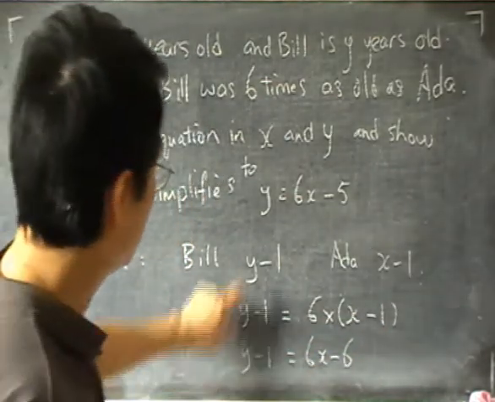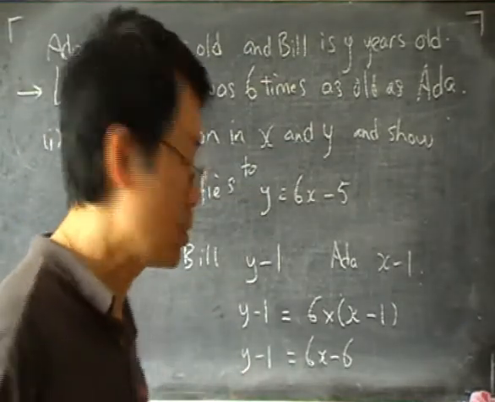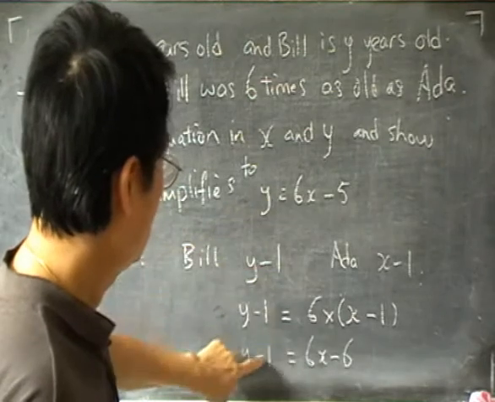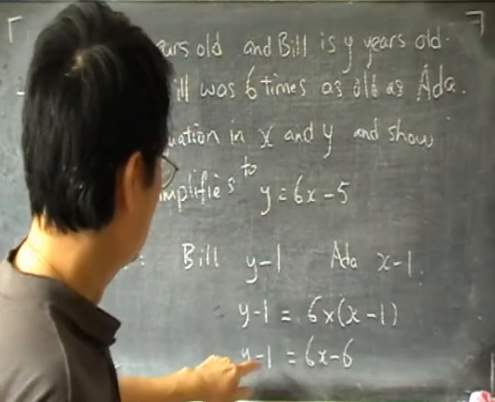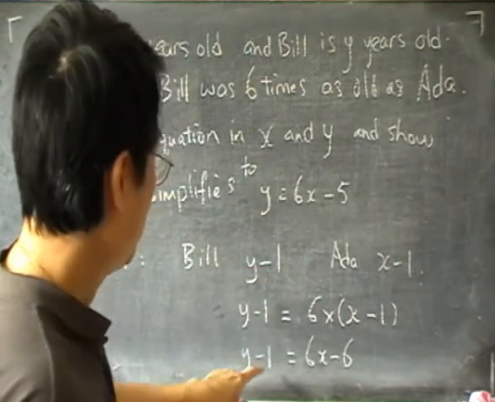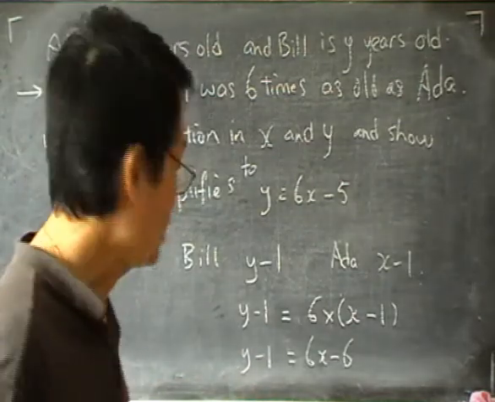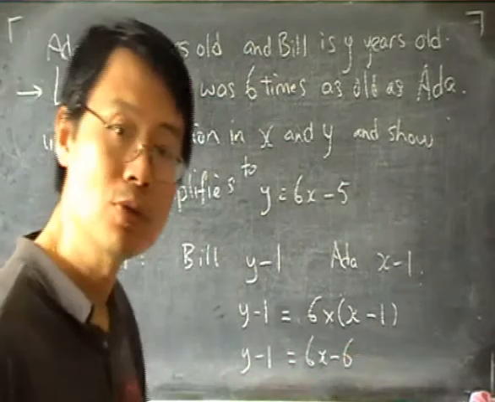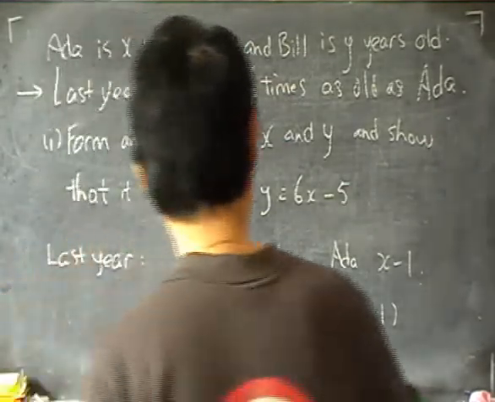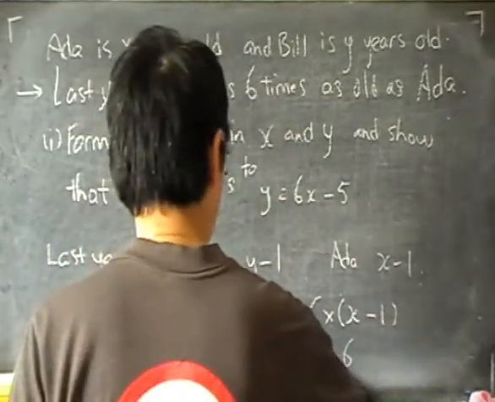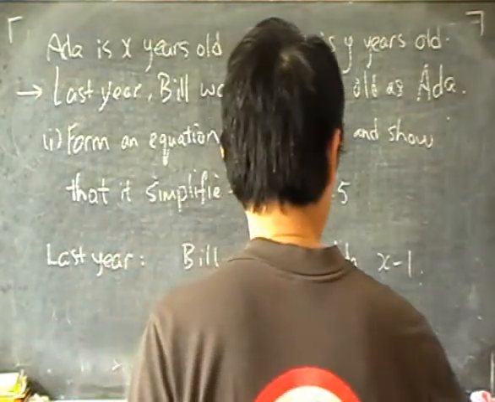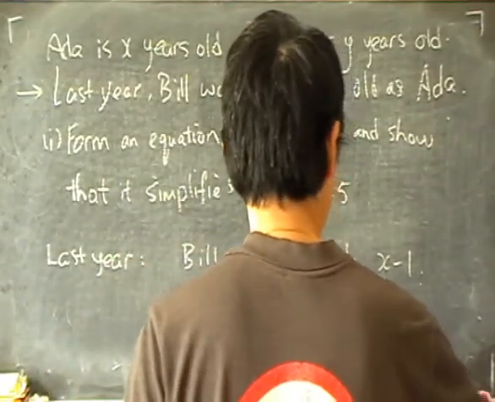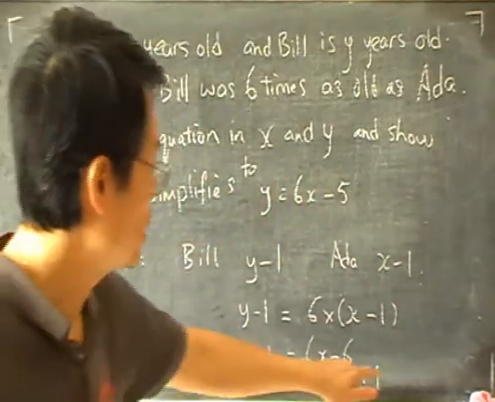And if you look at the two again, they are more similar now, except that I still have a minus 1 on the left side here. And to get rid of that minus 1, I can add 1 to both sides.